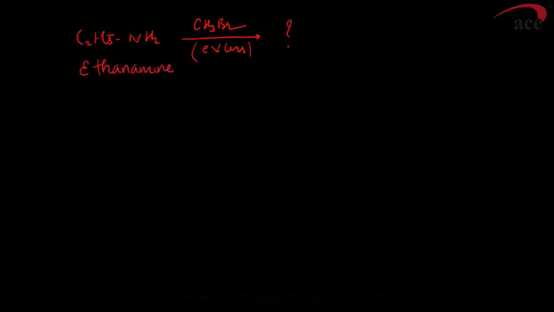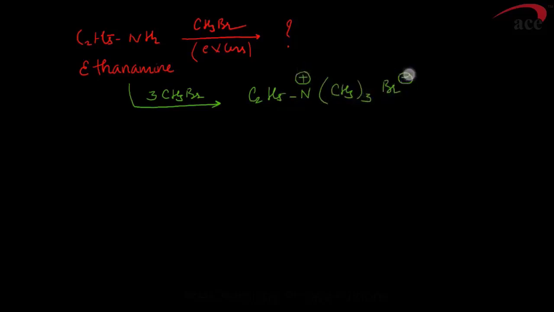So ethylamine with 3 moles of CH3Br, the final product should be C2H5N(CH3)3+ Br-. The generalized term would be quaternary ammonium salt.